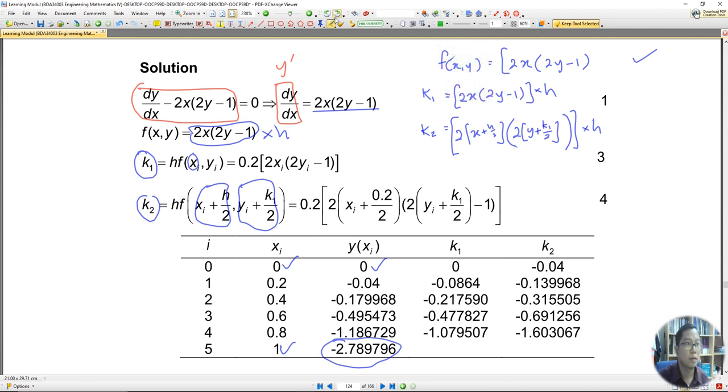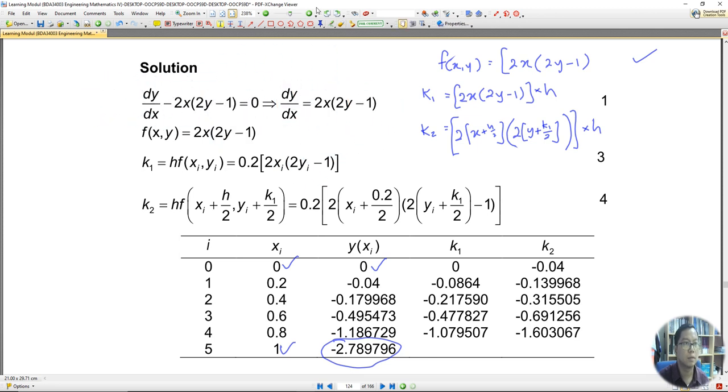So for k1, x is 0 and y is equal to 0, and then we will get this value for k1.